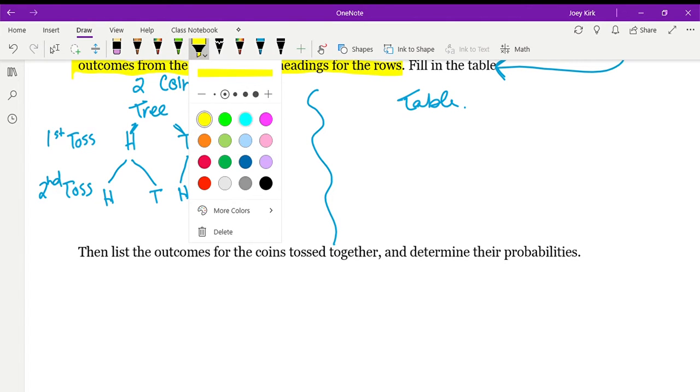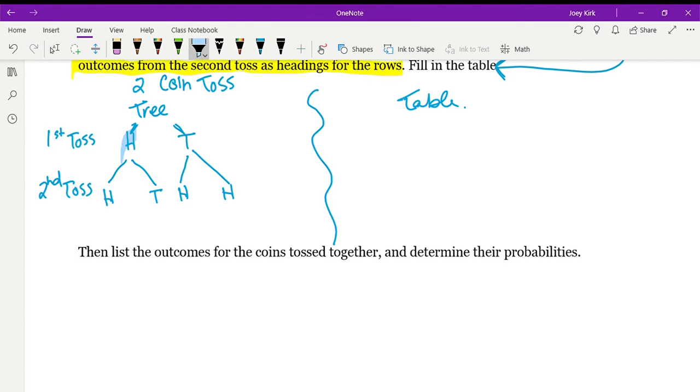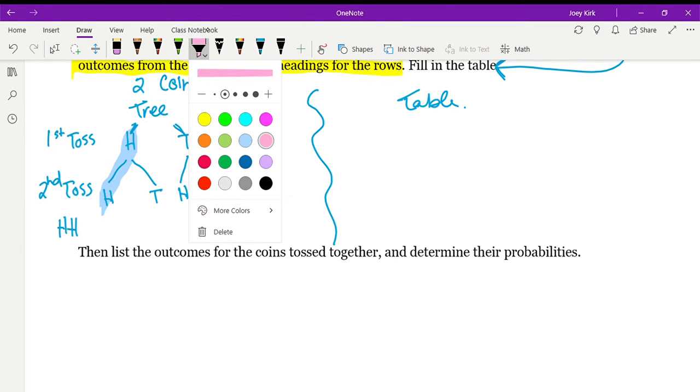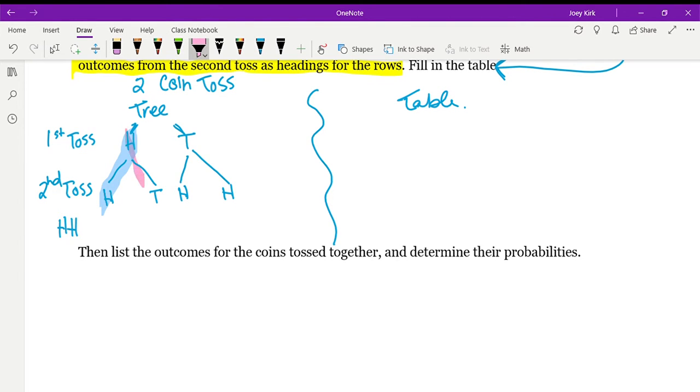So I'm going to choose a bunch of different colors here. So one outcome would be to get a heads and then another heads, right? So that's one option. A second option would be to get heads and then tails.